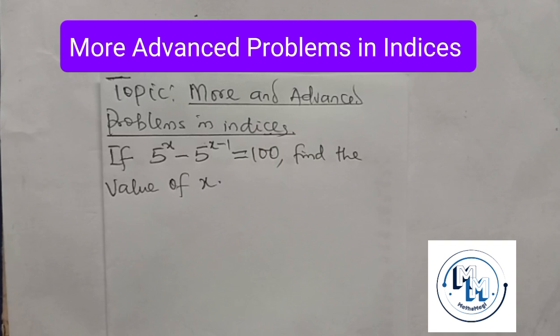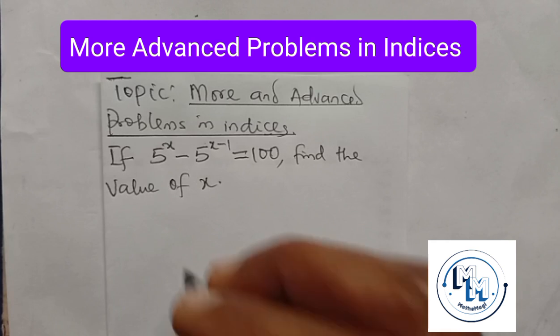If you watch here now, I think there's one common term. We are going to bring it out just like a normal equation. Now, the common term here is 5 power x minus 1. I'm going to show you something here.